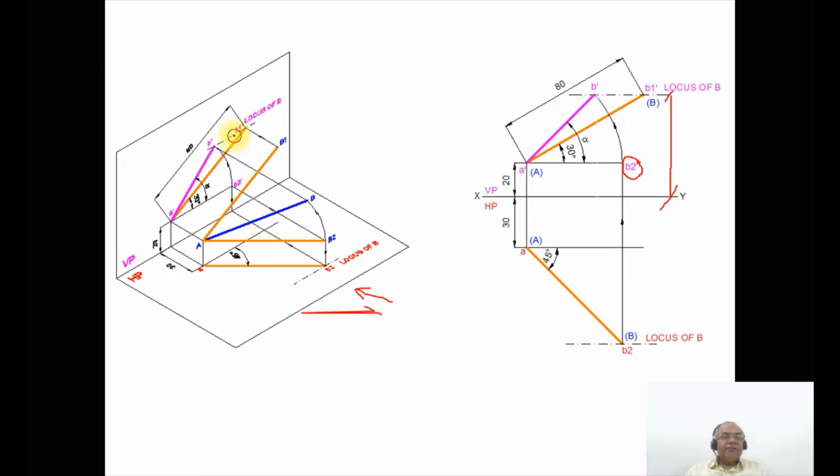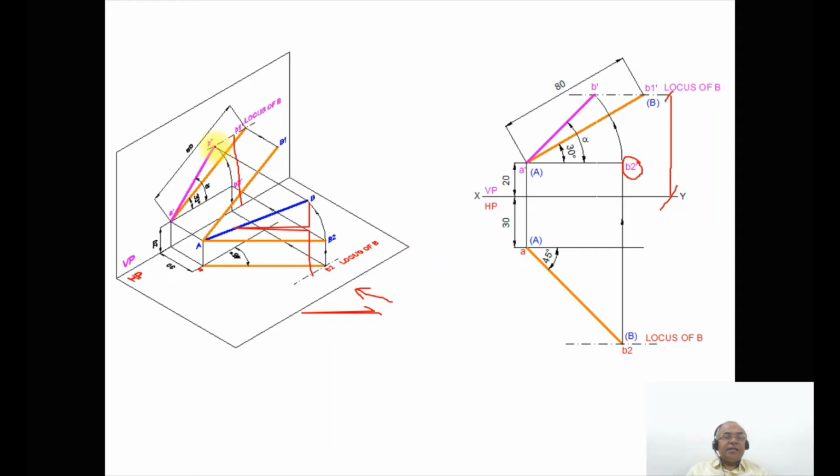So this side will tilt to this side, this line is rotated. As it touches this locus of B in space, correspondingly what happens to the image? The image is also rotated from A dash B2 dash.